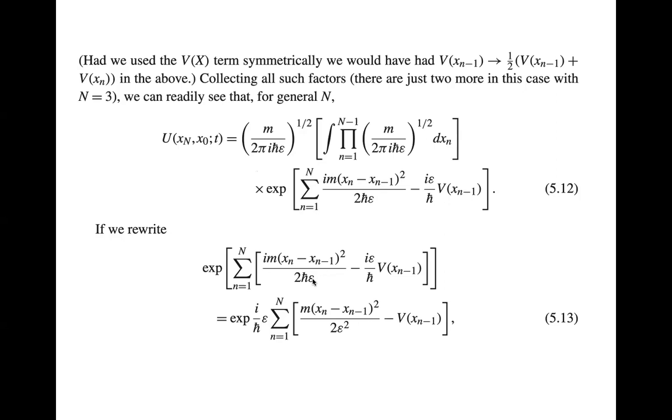Let's pull out this i divided by h bar times the time interval epsilon, and the summation over this object.